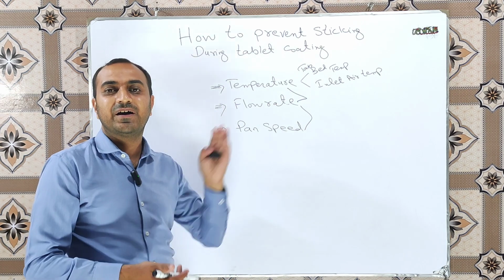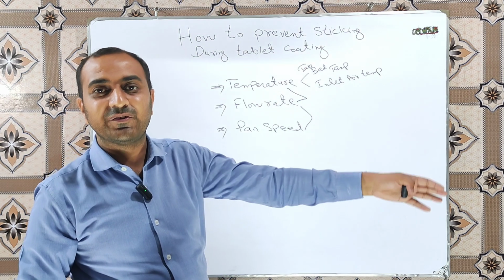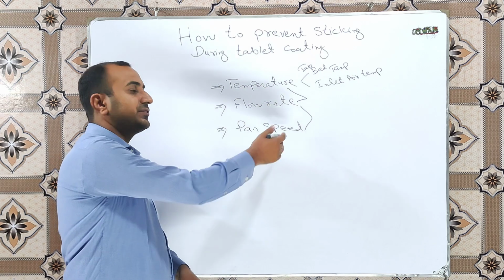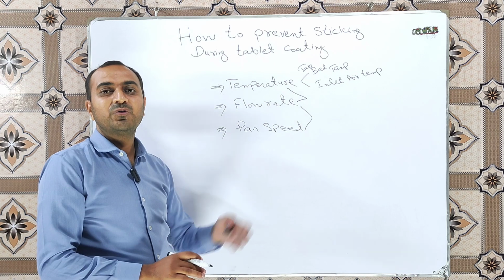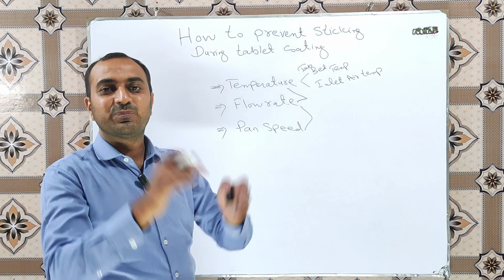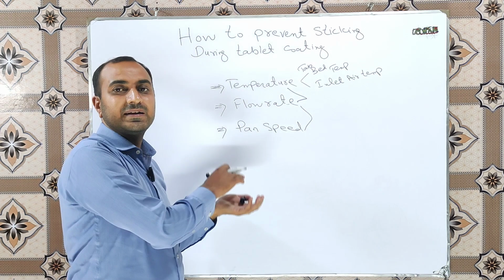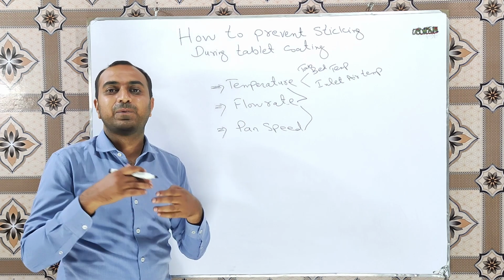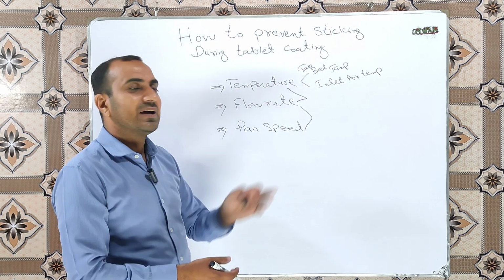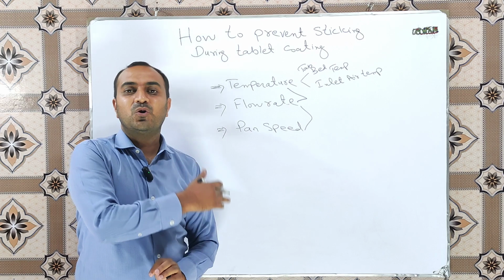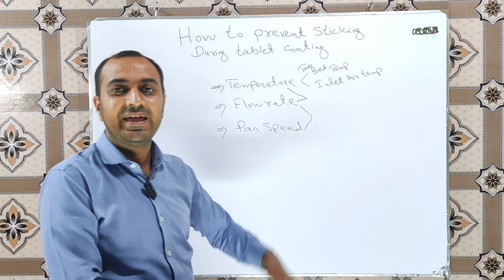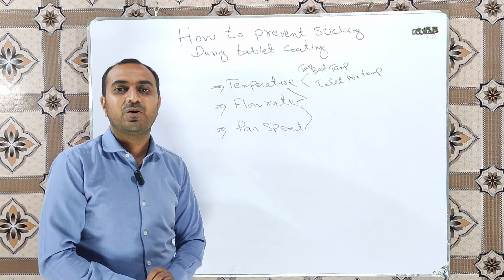Whenever you enhance the flow rate of your coating suspension, in the same ratio also increase the pan speed, because whenever you increase the flow rate, more suspension is applied to the tablets, and if the pan speed is not increased, the solvent over the tablet surface will not be properly dried and the sticking defect will be observed.